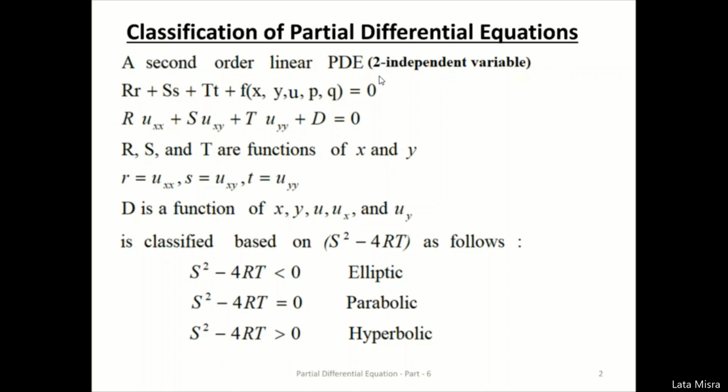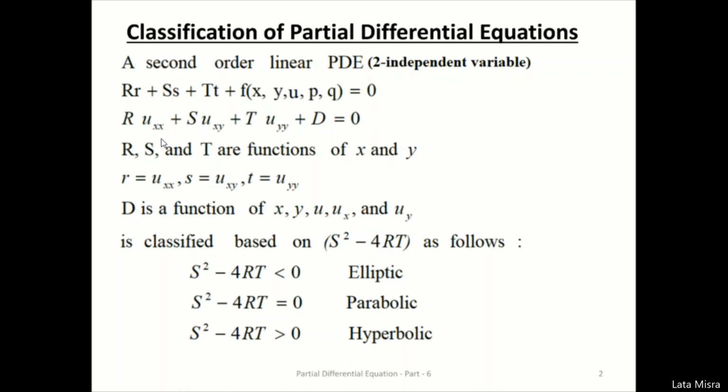We consider a second order partial differential equation with two independent variables as capital R r, capital S s, capital T t plus a function of x, y, u, p, q equal to 0.